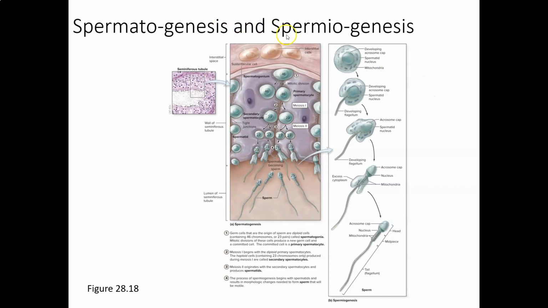There's another process called spermiogenesis, which describes how a round spermatid becomes a mature sperm. A flagellum starts to grow out, and you end up with a head, a middle piece, and the tail. The tail is the flagellum, and the nucleus of the sperm is in the head.